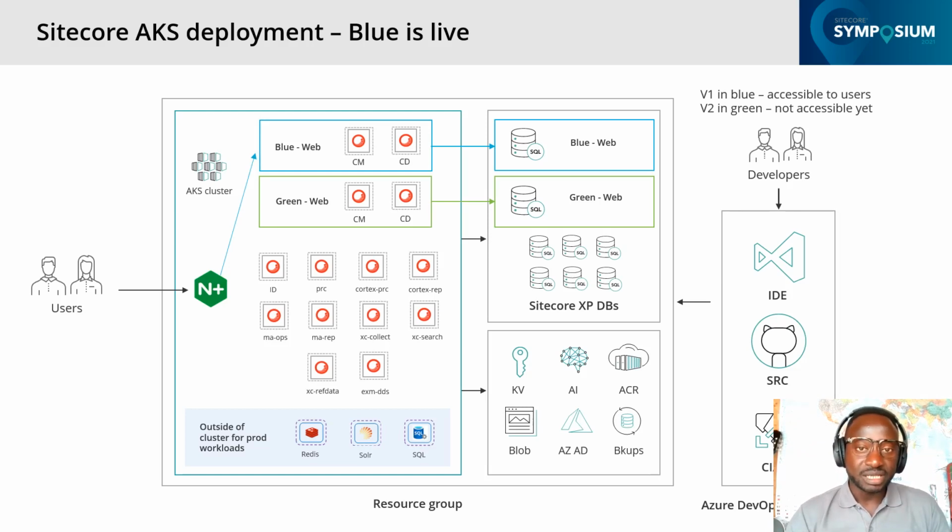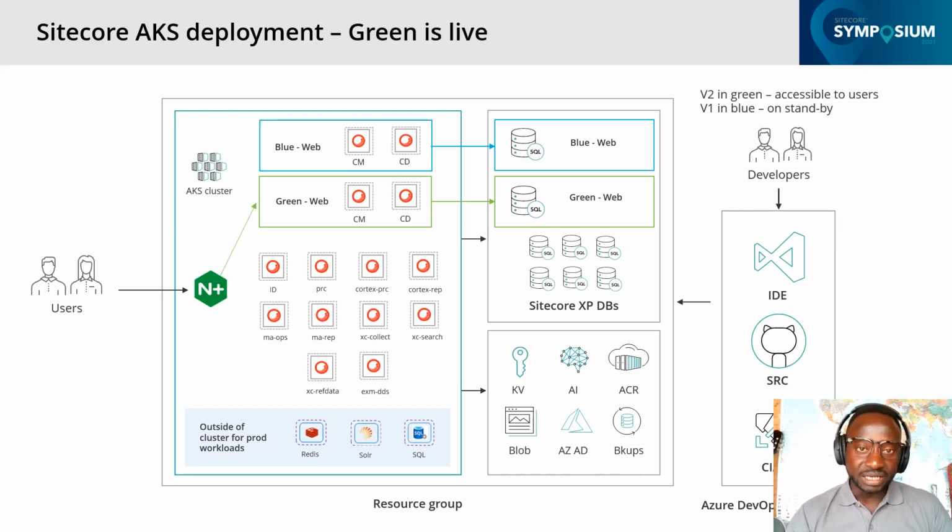Once we have tested and we are happy with our green deployment, we can then switch traffic or routing to point to the green deployment. We do this by updating our ingress controller specification and applying that state on our cluster. Now, I'll be running this animation next, and you can see what happens.